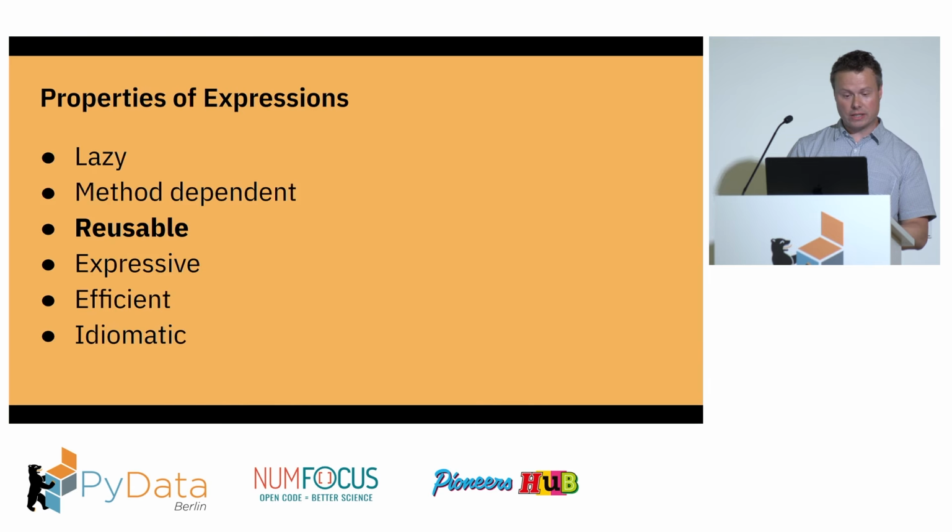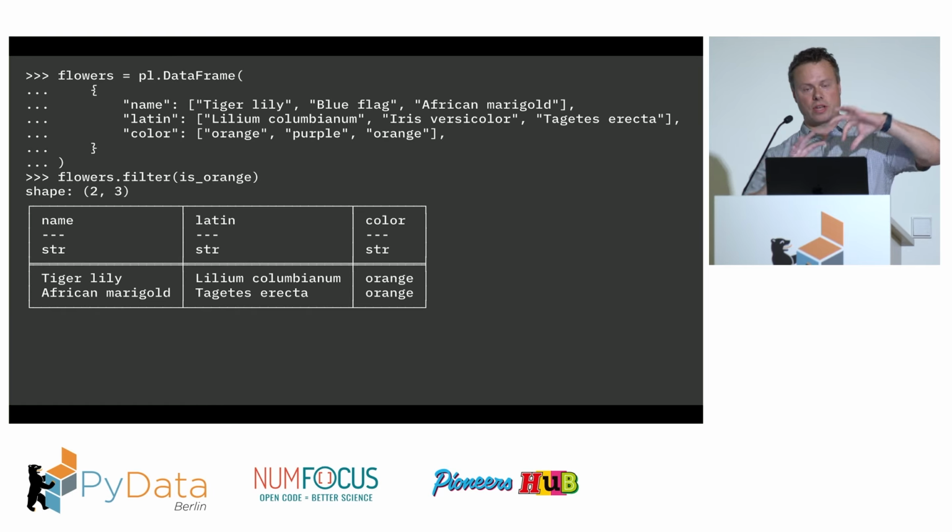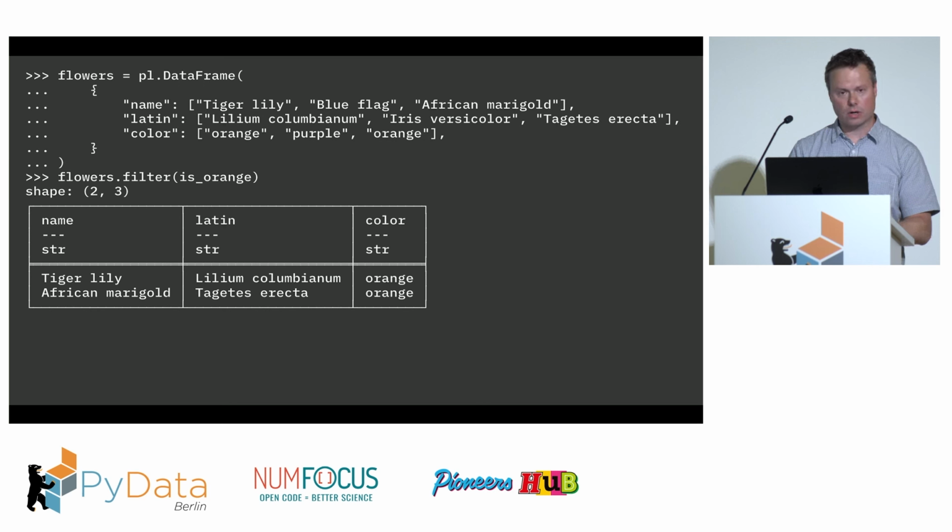And to really drive this reusability aspect home, you can even apply an expression to different data frames. That's pretty neat. I think the ability that you can separate those things and give your expressions an informed name can really help make for readable code.